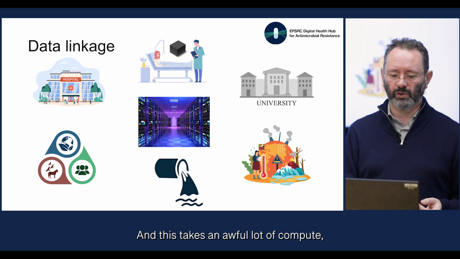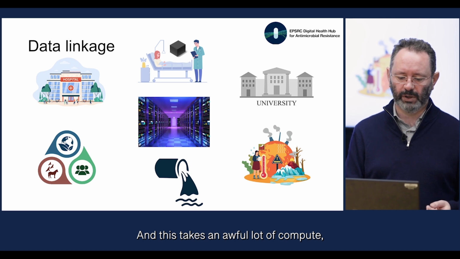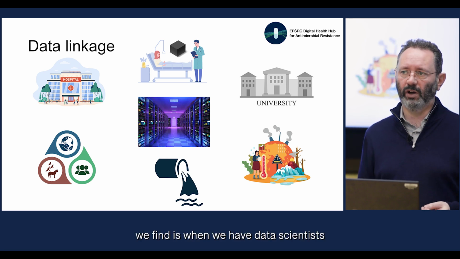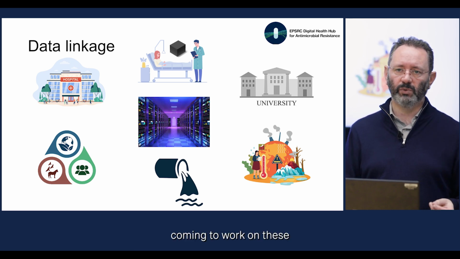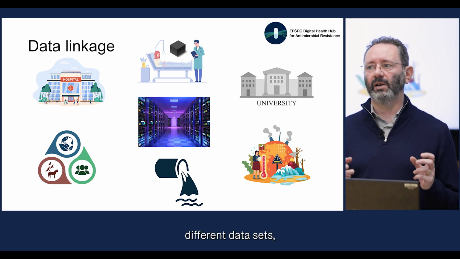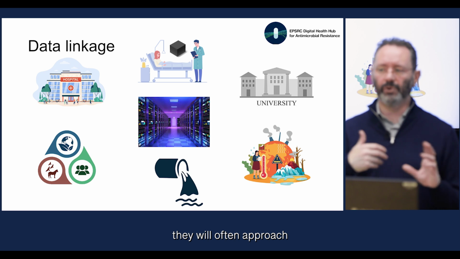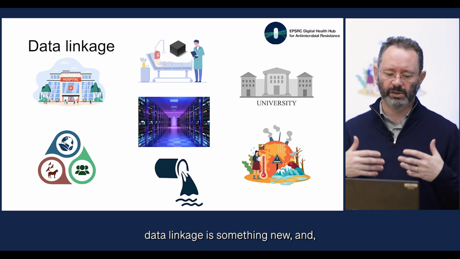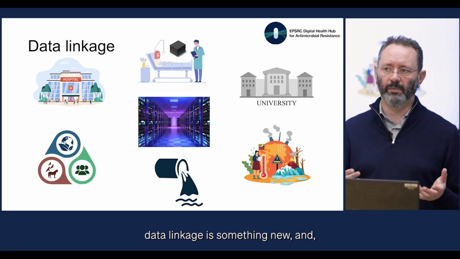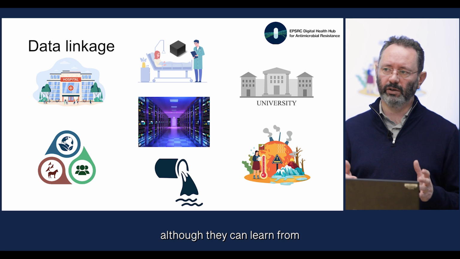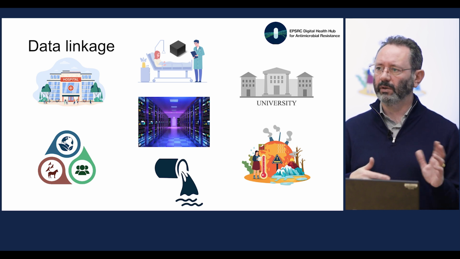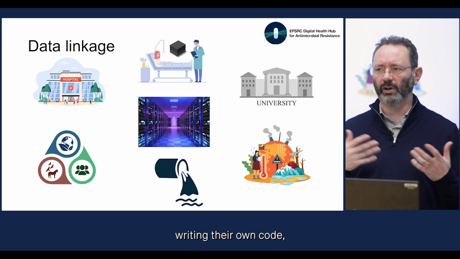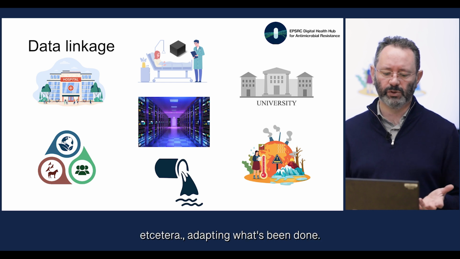And this takes an awful lot of compute. And one of the challenges we find is when we have data scientists coming to work on these different data sets, they will often approach data linkage as something new. And although they can learn from what has gone before, there will be a lot of finding their own feet, writing their own code, etc., adapting what's been done.